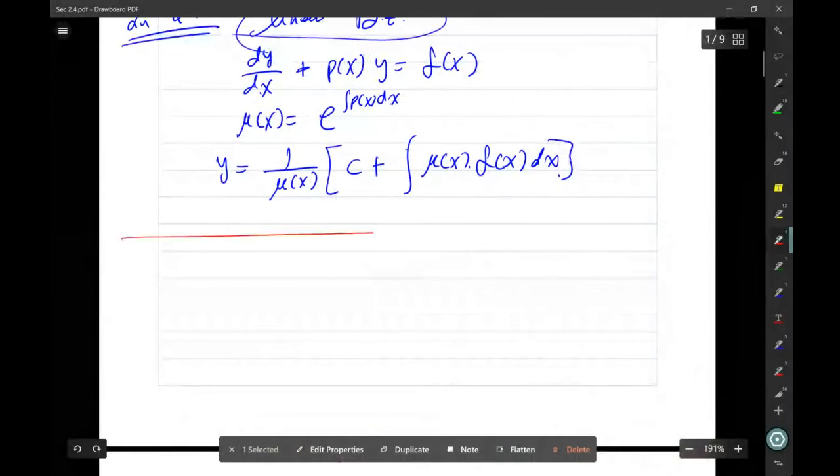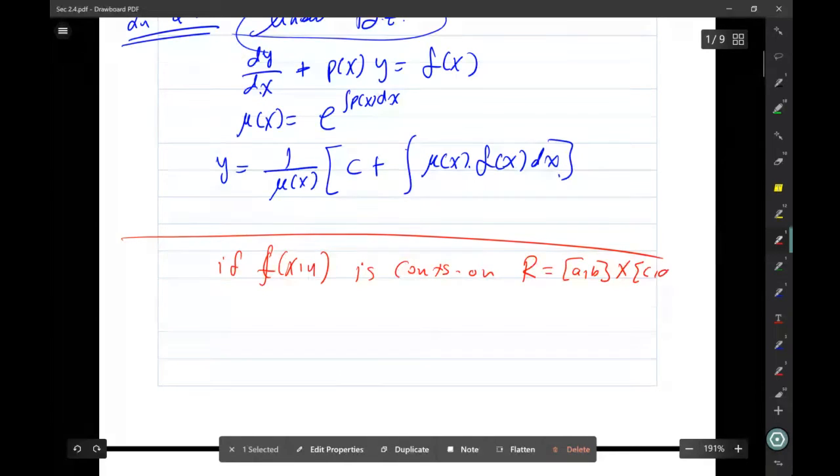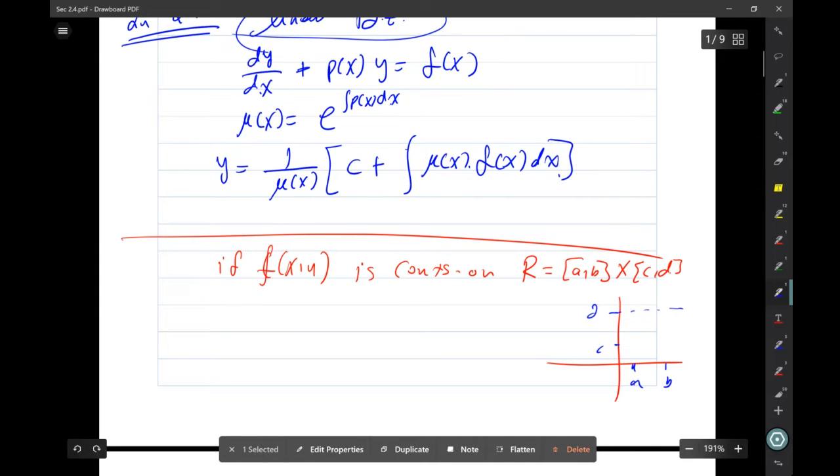If the function f of x,y, a function of two variables, is continuous on region R, where the region R is the interval [a,b] cross [c,d], I mean, this is [a,b] and this is [c,d].